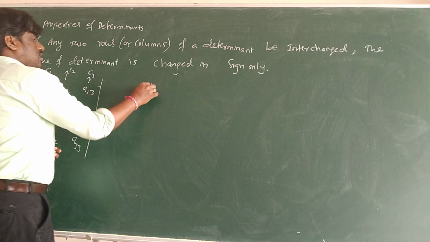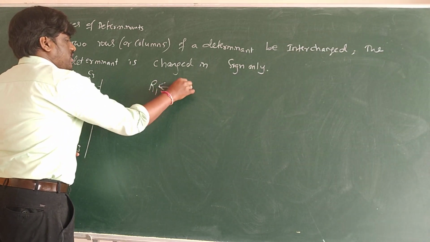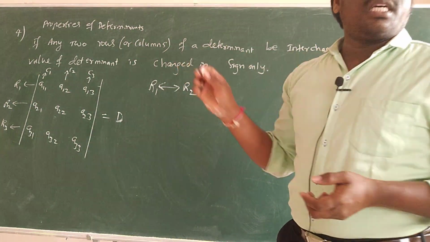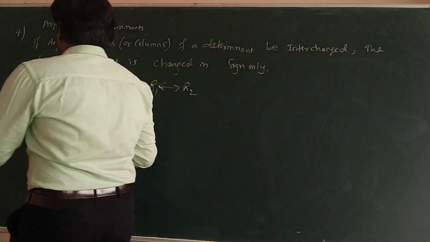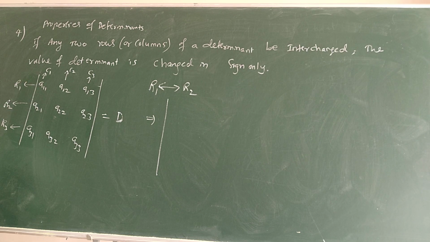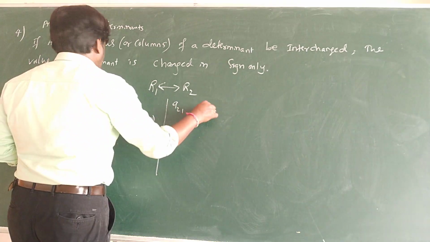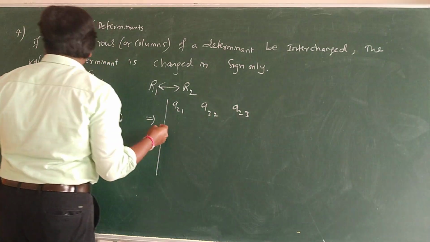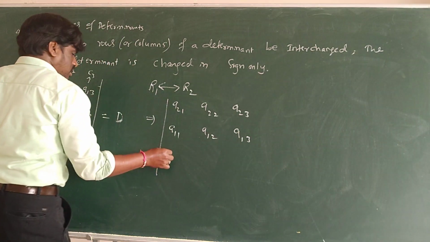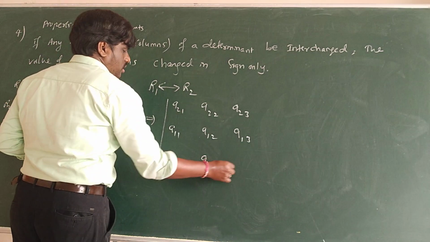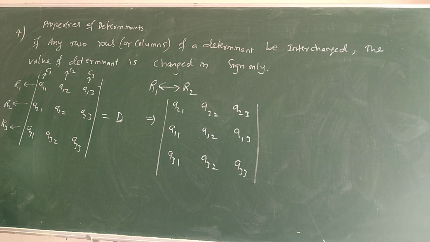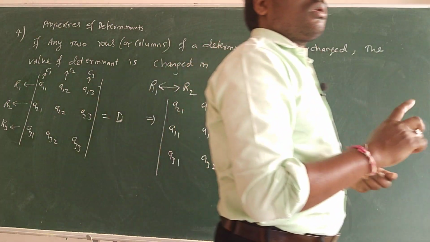If I interchange R1 and R2, the determinant is going to change. R2 will come up, meaning A21, A22, A23, A11, A12, A13 will get down, and A31, A32, A33 stay here. I interchanged only two rows.